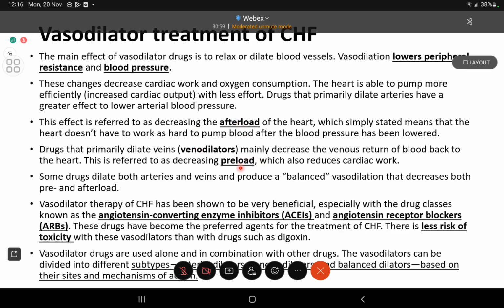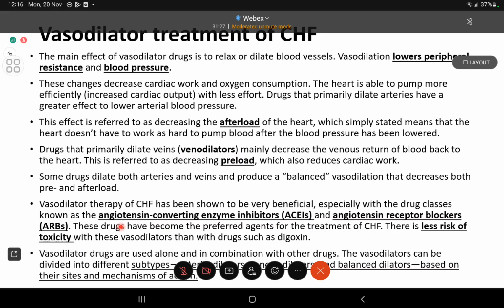What I want to highlight is that when you see preload, vein should come to your mind, and afterload, artery should automatically come to your mind. So remember, afterload is for artery, preload is for venous or vein.